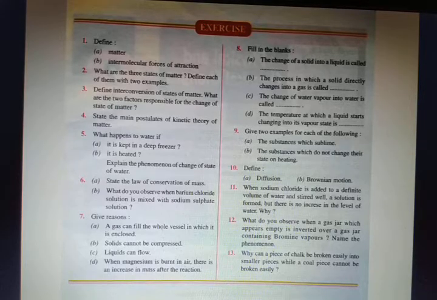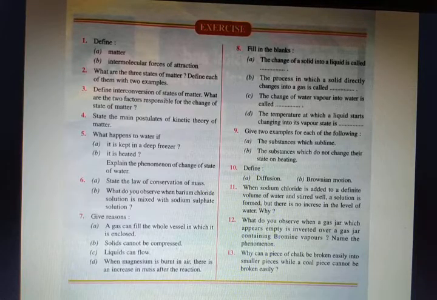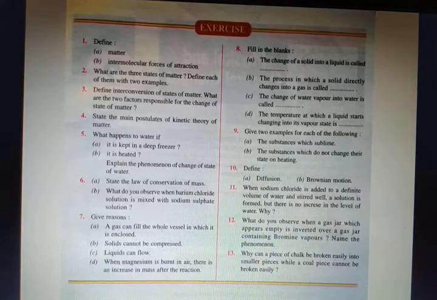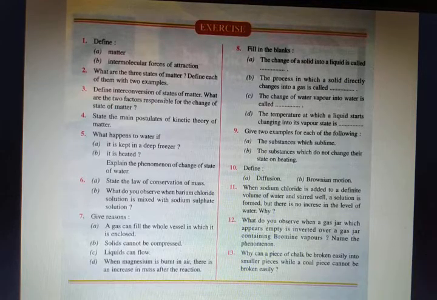Just write it down in your copies and keep the work updated. When the school reopens, we will collect the copies and check them. Till now there is no point in submitting scanned pages. If you want to submit one or two answers you can, otherwise it is not required right now.